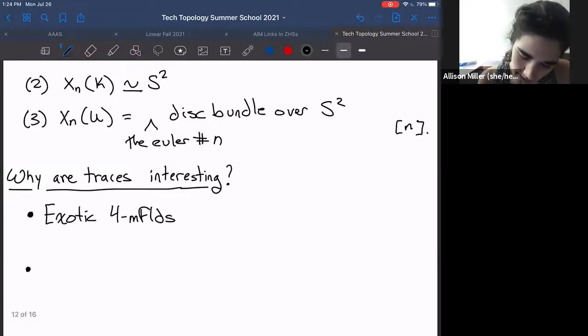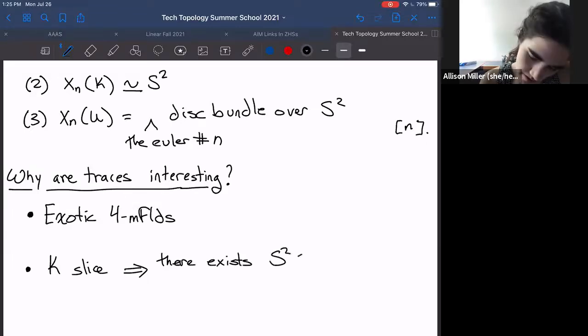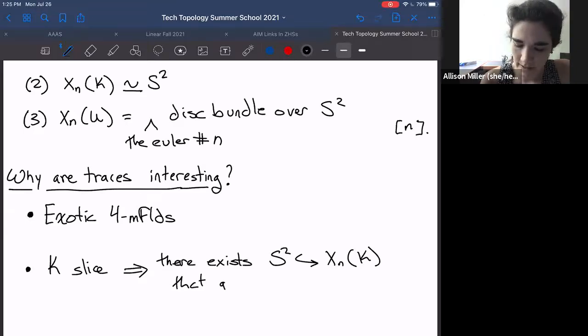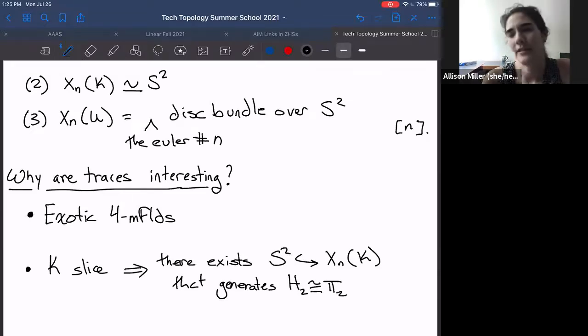And so what do I mean by that? I mean that if K is slice, well, that implies that there exists an embedded two-sphere in the n trace, and this is for any n, that generates second homology. If you prefer, we can do pi2 since this is a simply connected four manifold.